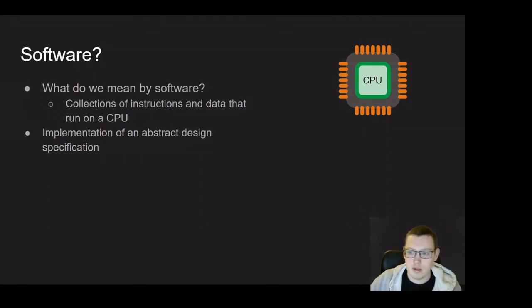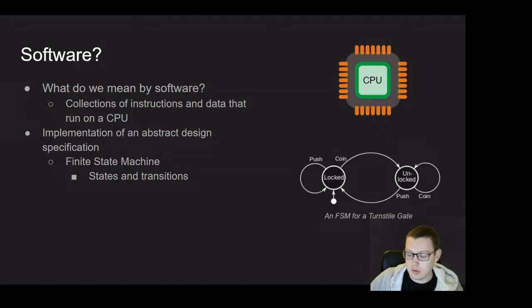So what are some of the ways we can think about systems in the abstract? A good way of thinking about it that's pretty useful is a finite state machine. This is used a lot in theoretical computer science.